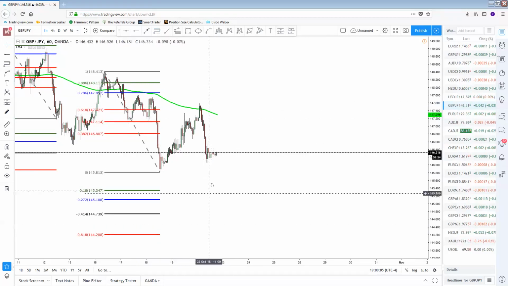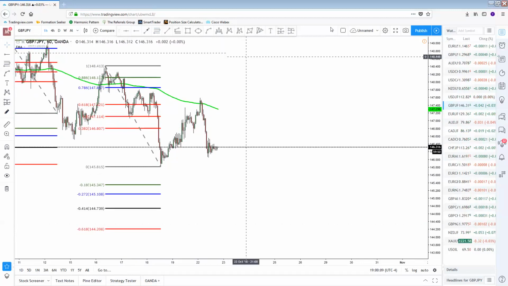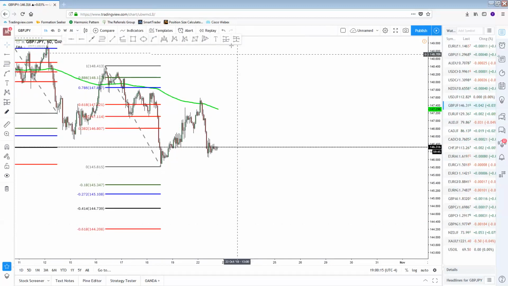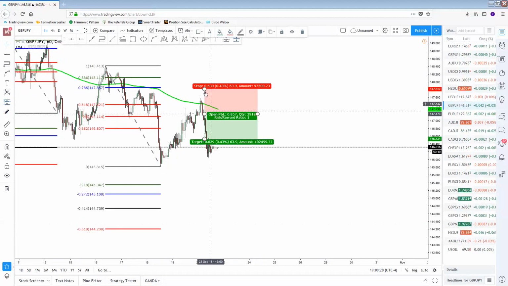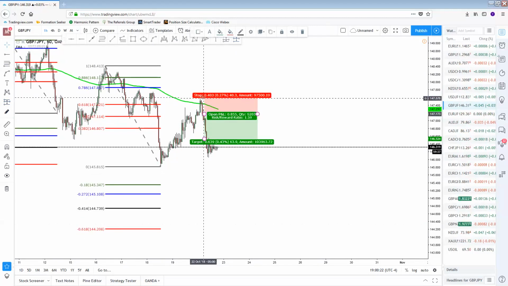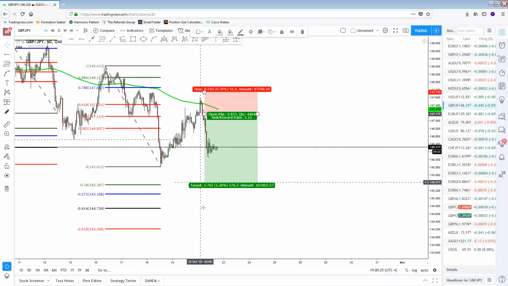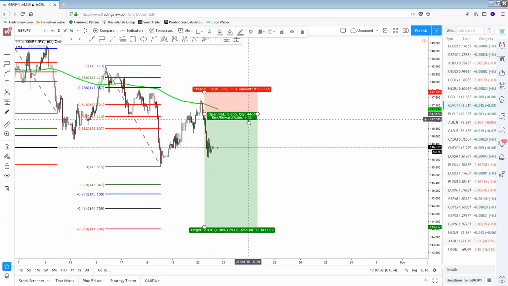So if you got in right here at this close, and you set your stop loss just above the high, and your take profit is all the way down here at the next level, you're over 5-to-1 risk reward.